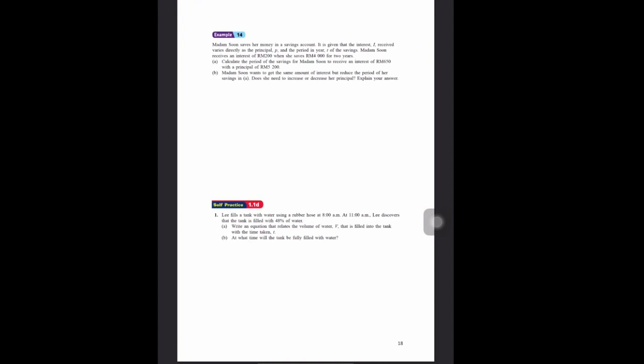For example 14, I want you to try yourself with the same strategy. If you follow step by step, I think you will easily get the answer without any problem. Next, same goes with the self-practice 1.1D.